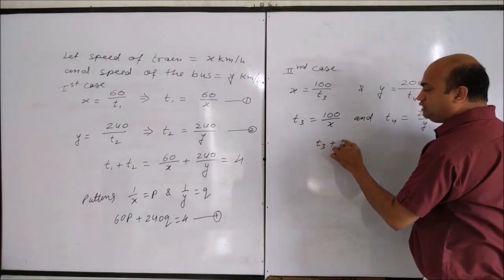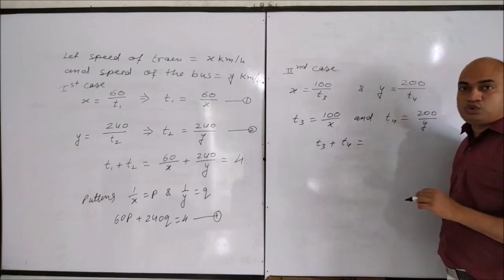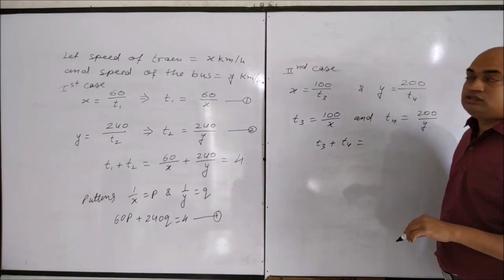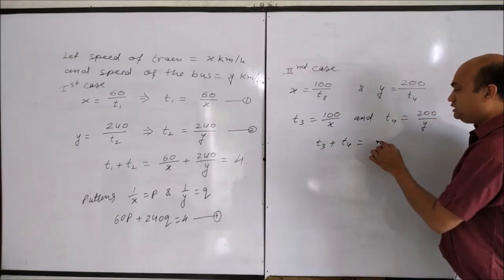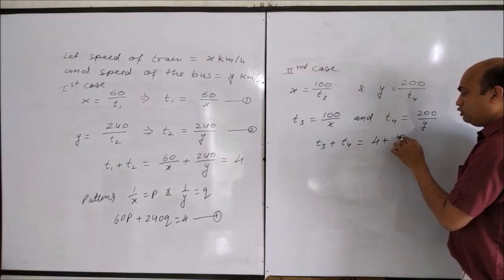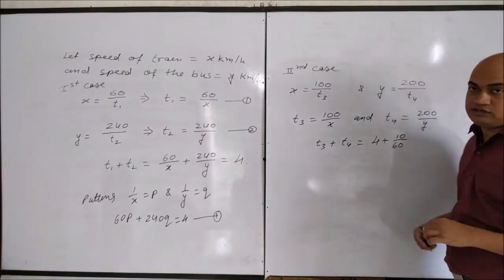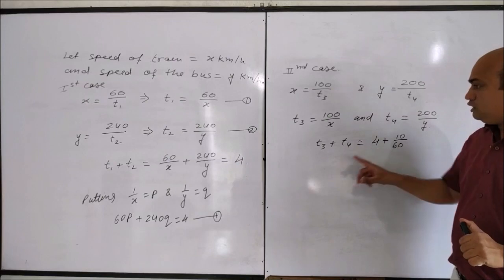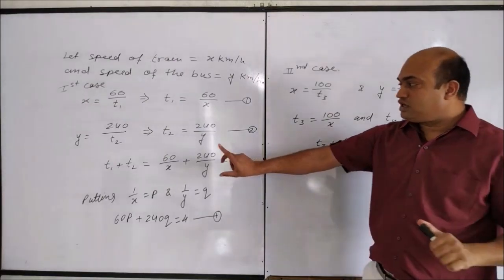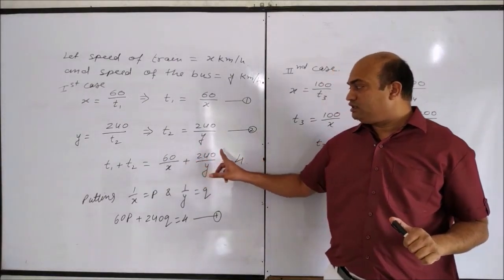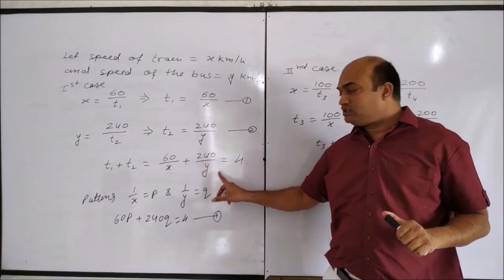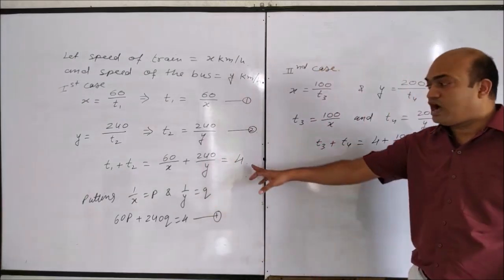Now T3 plus T4 is the total time during this journey. In the second case, that will be 10 minutes longer. You see, if she travels 60 km by train and 240 km by bus, she required 4 hours.